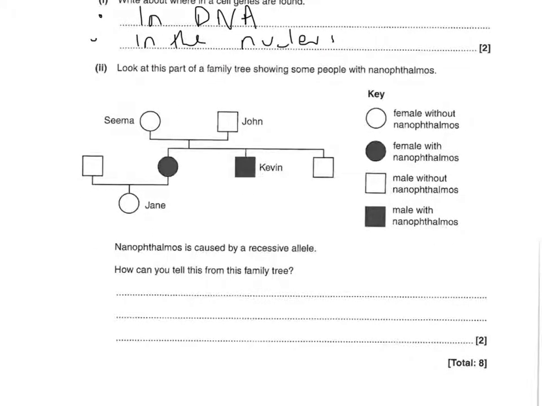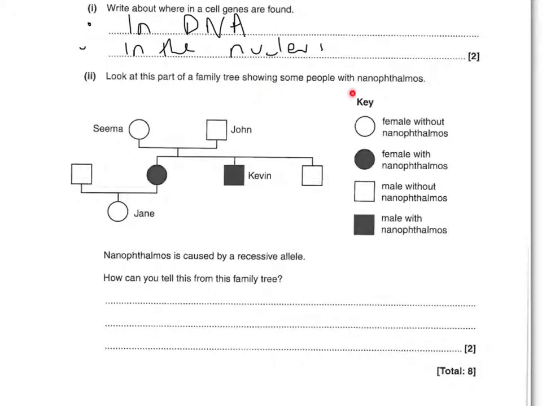Next question says, look at this part of the family tree, showing some people with this disease. It says, this disease is caused by a recessive allele. How can you tell this from this family tree? So the first thing is that both Seema and John don't have the disorder. Now remember, a recessive gene is one which will only take effect if both your parents give you that gene.